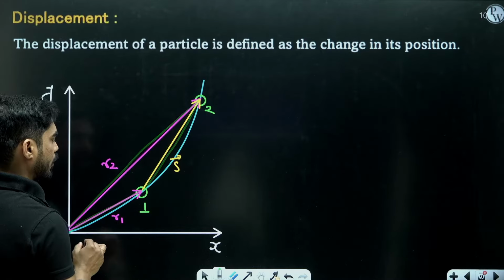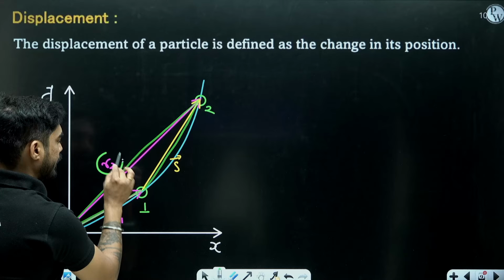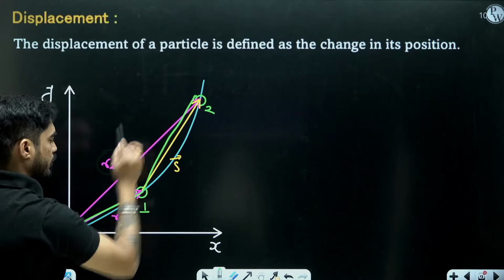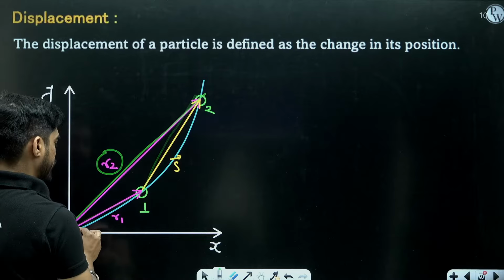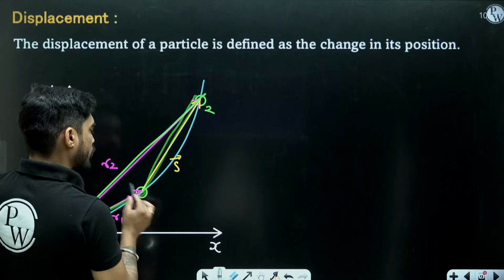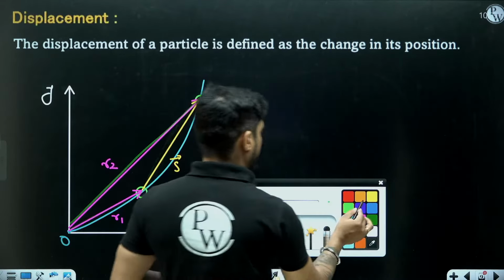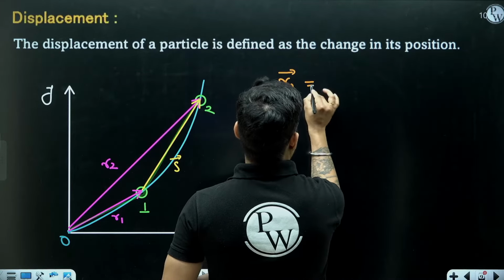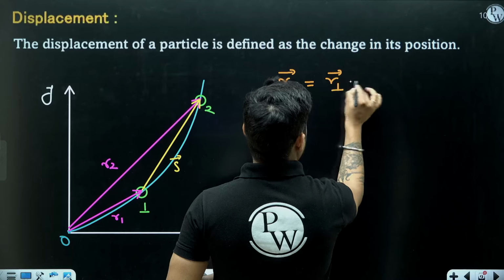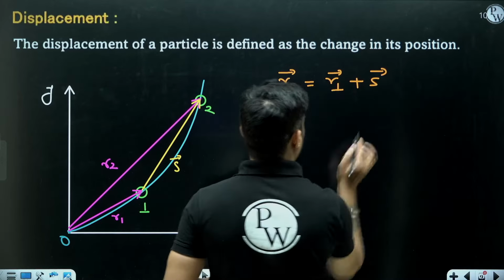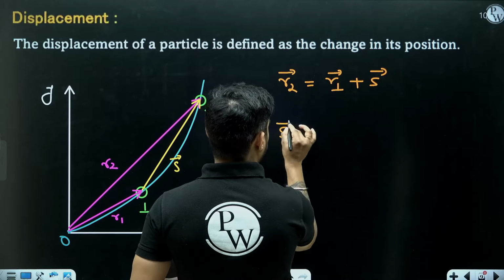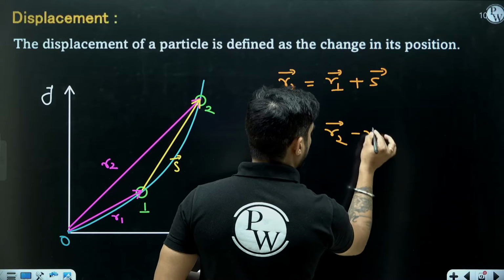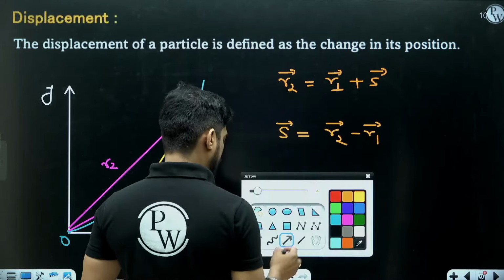According to triangle law, I can write R2 equals R1 plus S, right? R2 is the resultant of R1 and S. So the displacement vector S can be written as R2 minus R1.